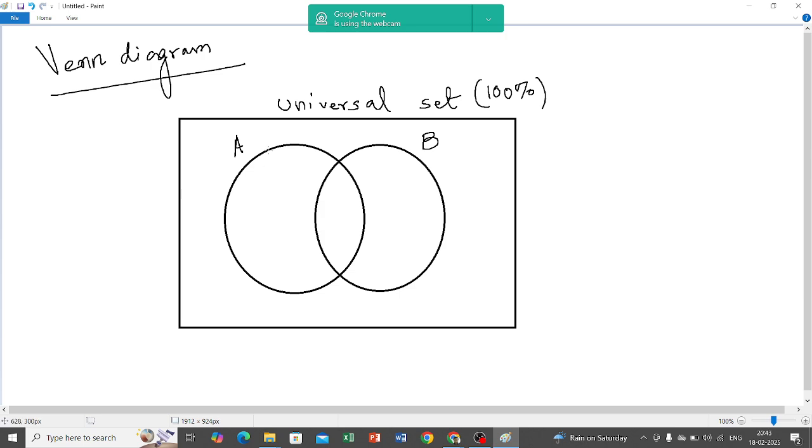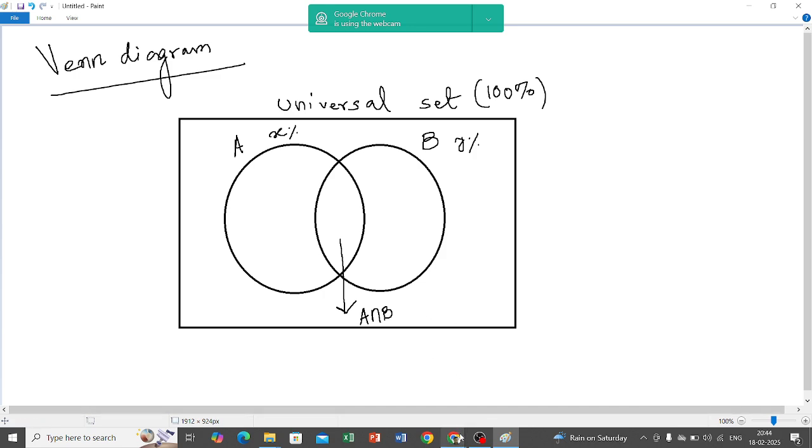Say this set A has a percentage of x%. Set B has a percentage y%. And this one is A intersection B. Do you know about intersection of two sets?